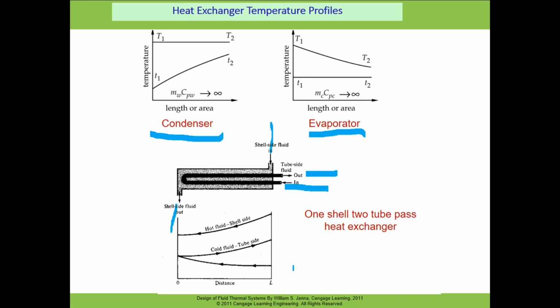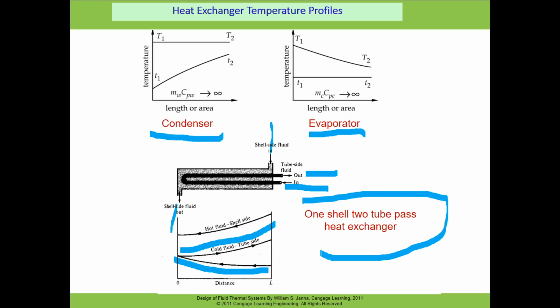As the cold fluid enters, it's a case of parallel flow, because the warm fluid is also traveling this side and the cold fluid is also traveling this side. So we have a profile like this, and when it is returning, then it's a case of counter flow. So we have the profile like this. So these are the different configurations of double pipe heat exchanger, and this is a simple example for one shell and two tube heat exchanger.